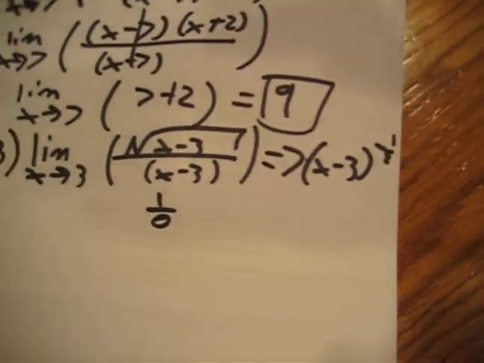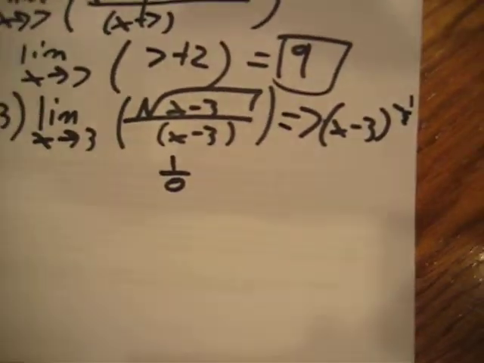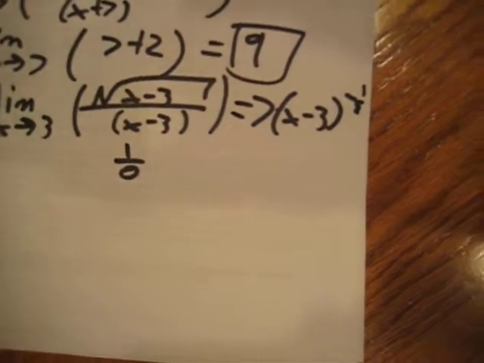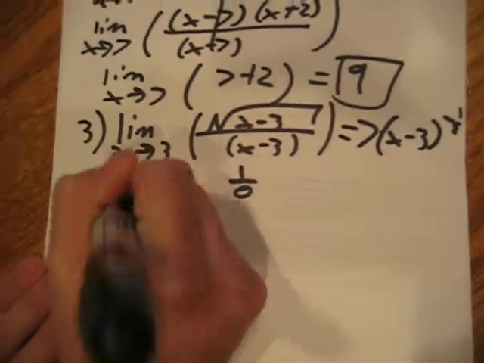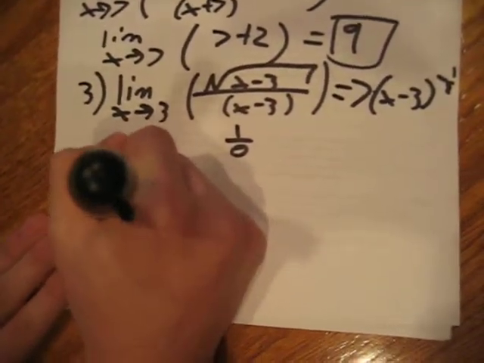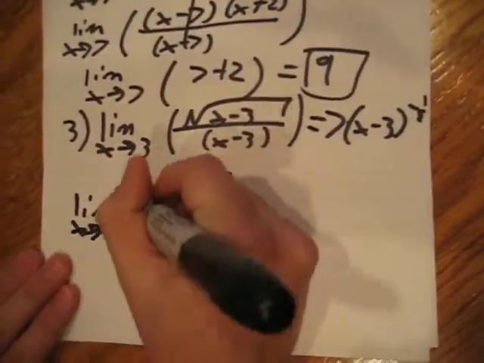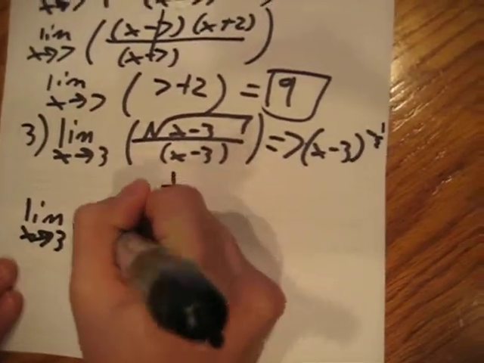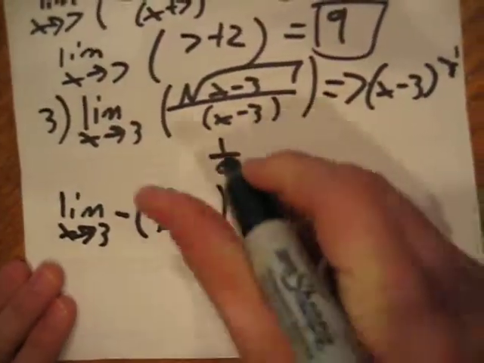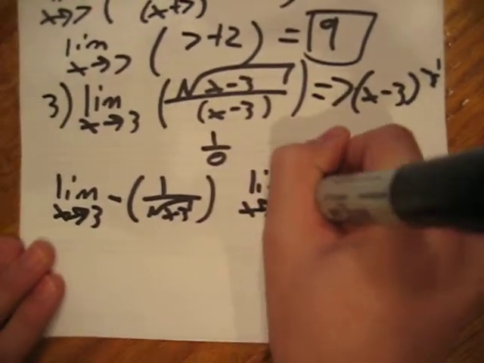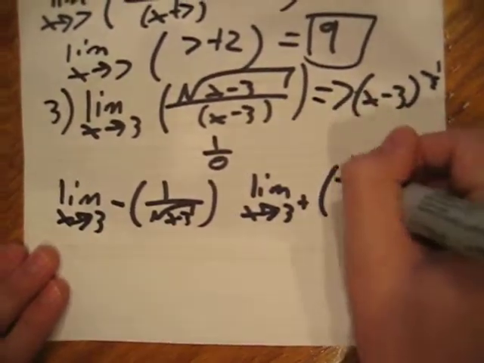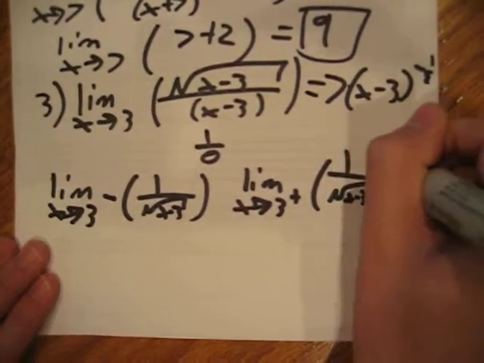So the limit is either infinity or -infinity, and to figure that out, you have to use one-sided limits. So limit as x approaches 3 from the left of 1 over root x minus 3, and limit as x approaches 3 from the right of 1 over root x minus 3.